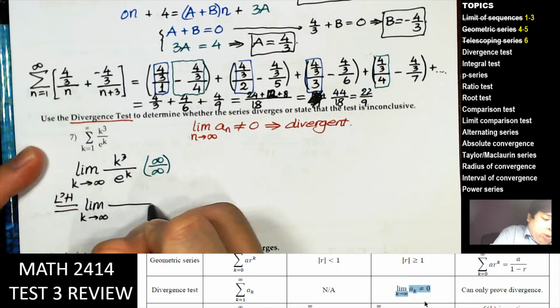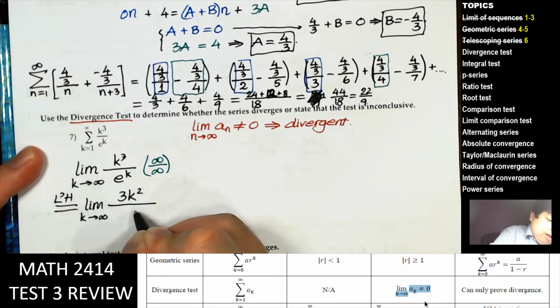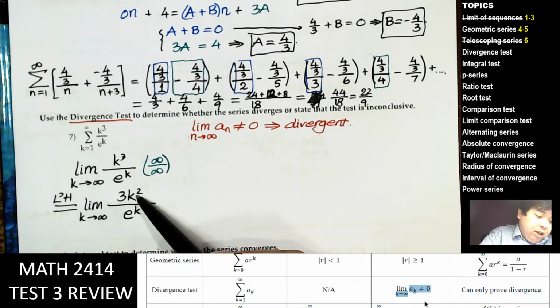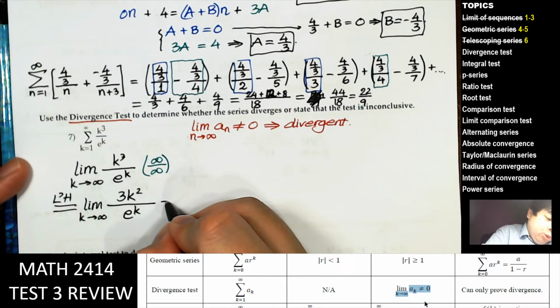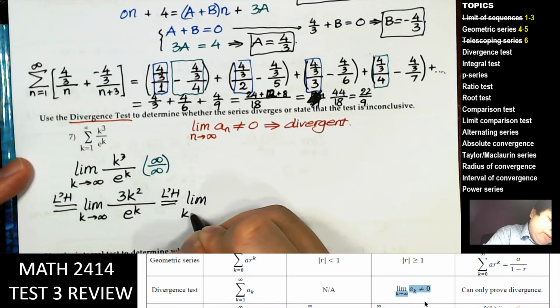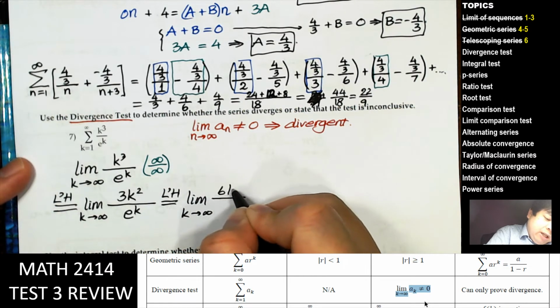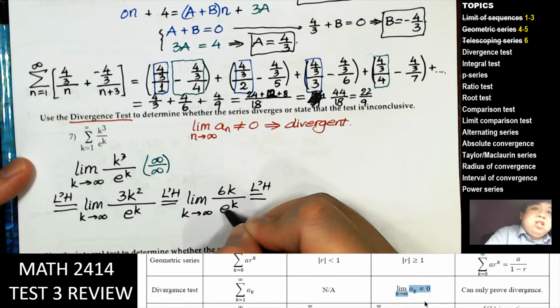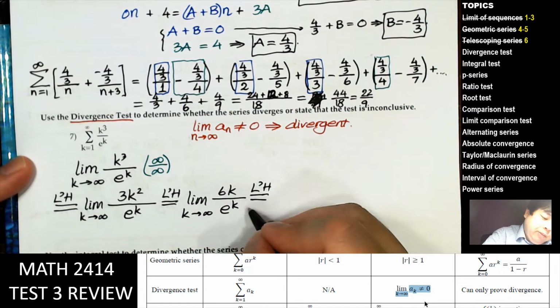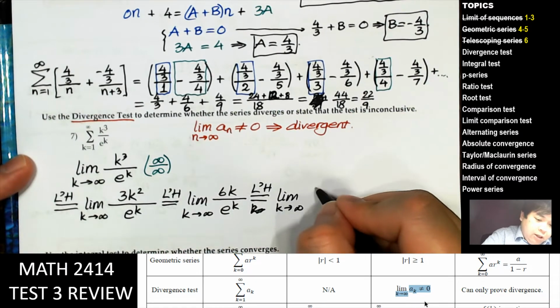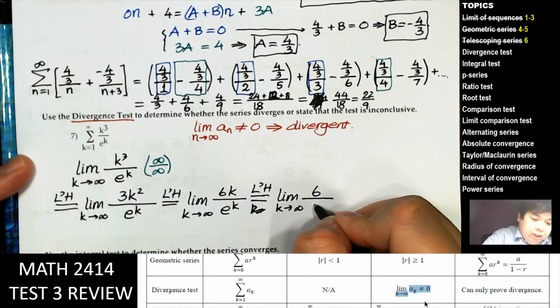We take the derivative of the top and the derivative of the bottom with respect to k. Same thing, infinity over infinity, so we use L'Hospital's rule one more time. That gives us 6k over e to the k, and that's still L'Hospital's rule because we still have infinity over infinity. Oh, sorry. Limit as k goes to infinity of 6 over e to the k.